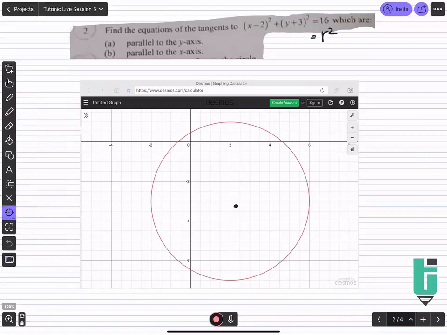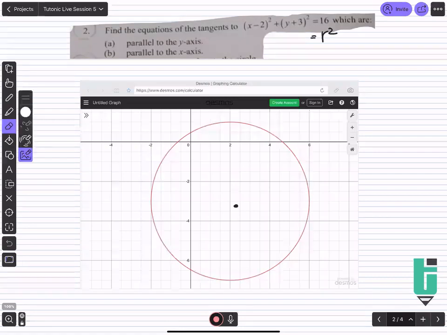Yeah. Okay. So do you see how just from the equation of the circle you have so much information? And that's why I always tell you guys that your equations have meaning. They're not just numbers. Remember, maths is a language. So you have to think of your equations as a communication tool that is trying to explain something to you. You have to ask yourself, what is this equation trying to tell me? It's trying to tell me that the center of the circle is at 2 and -3.